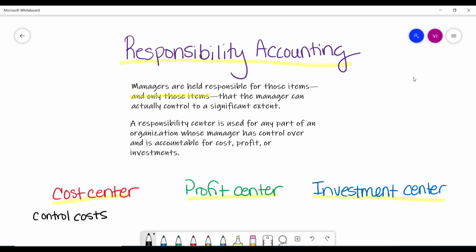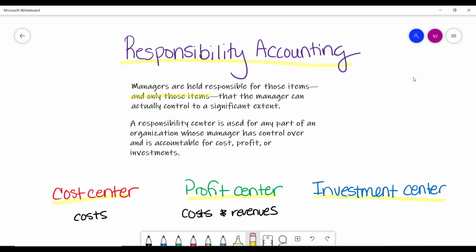In a profit center, this refers to a segment where the manager has control over both costs and revenues, but does not have control over investment funds. Okay, so cost center, the manager just has responsibility over costs.